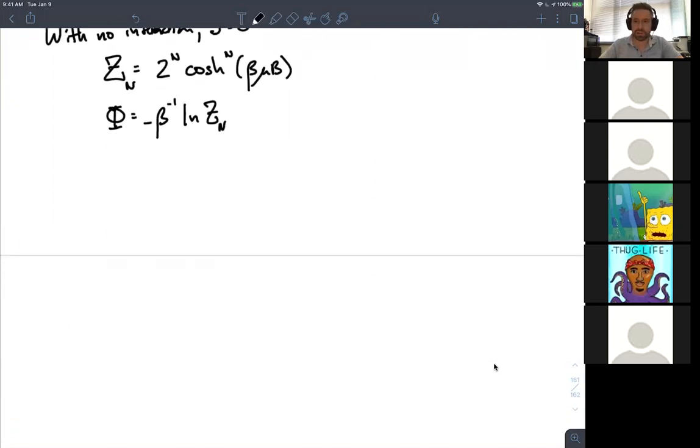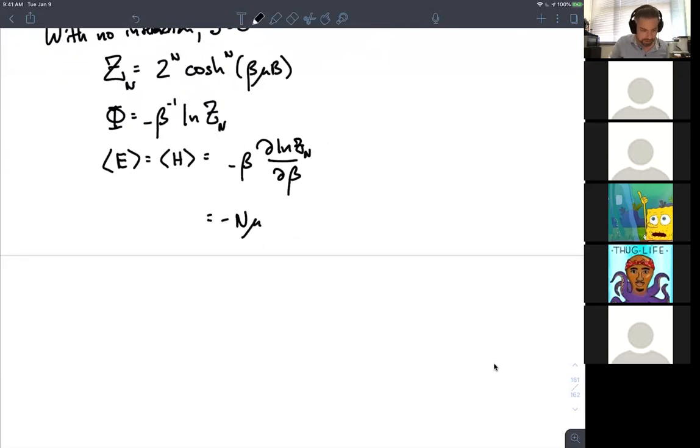Then we calculated the average energy, that is the average Hamiltonian. We did that by taking the derivative of log Z, essentially the derivative of the free energy with respect to beta. What we got was minus N mu B tanh of beta mu B. So that's the average energy.